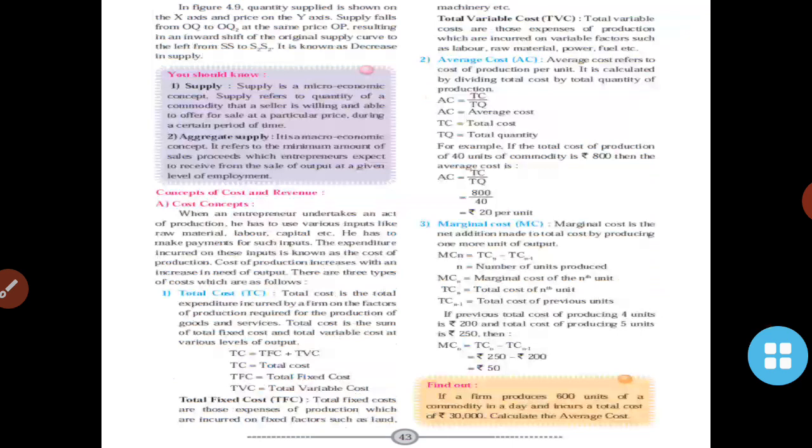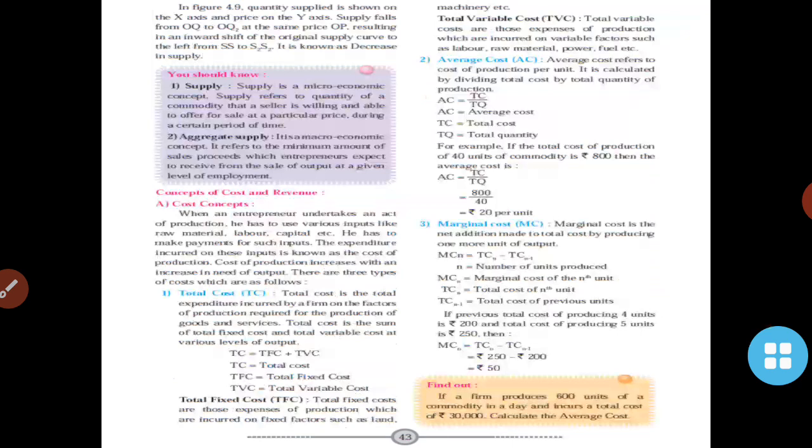Now the concept of cost is given. When the entrepreneur undertakes production, he has to use various inputs: raw materials, labor, capital, etc. The expenses he has to incur on these inputs are known as the cost of production.